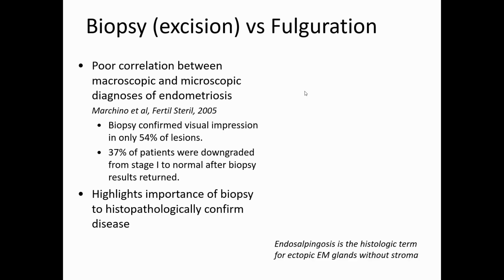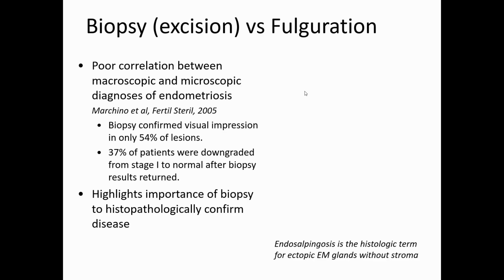I've been an advocate of this, mostly on the basis of a study that was done by Marchino that showed that the visual impression of endometriosis may not always be consistent with the histopathologic impression of a given lesion, and that surgeons may only be accurate 50% of the time.